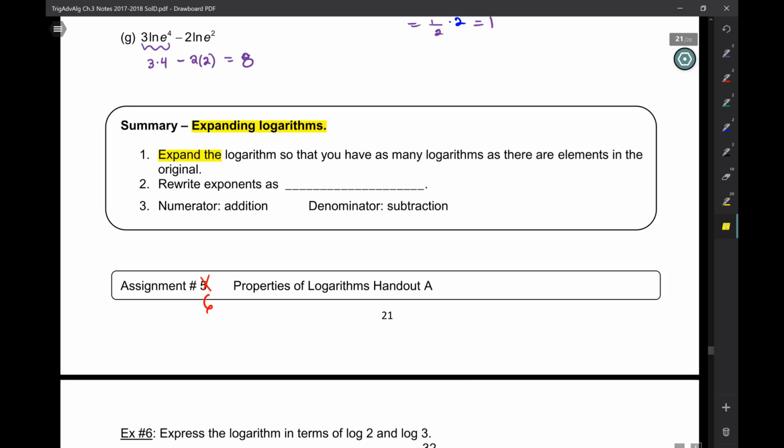So we have to expand the logarithm so that you have as many logarithms as there are elements in the original. Exponents come down and they become coefficients, right? And if an element is in the numerator, it's being added. If it's in the denominator, it's being subtracted, right?